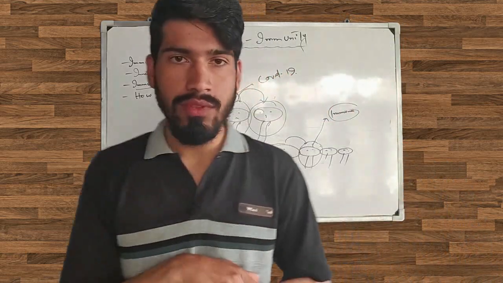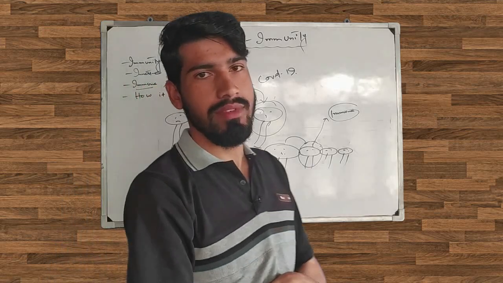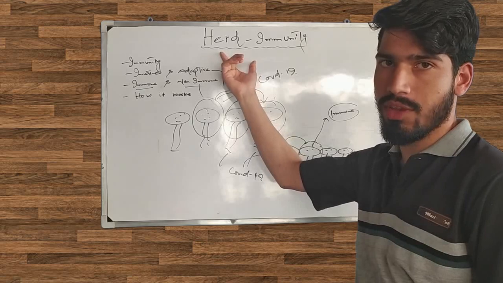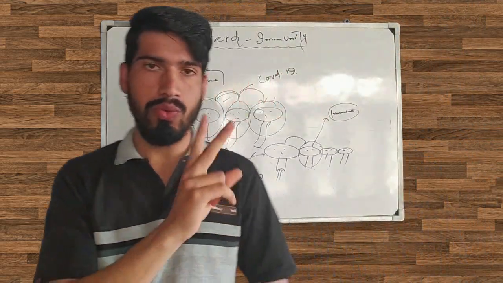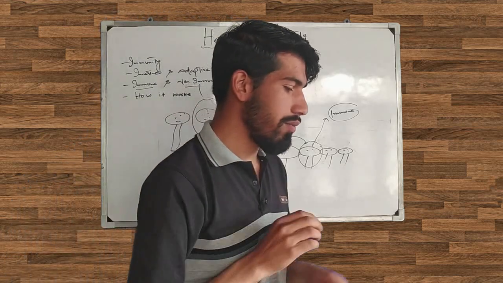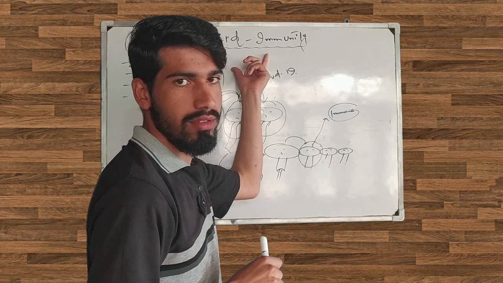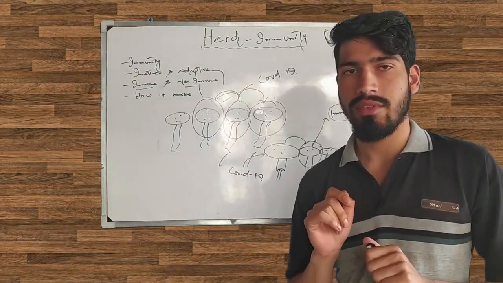But how does this herd immunity actually work? Actually, there are two things which can activate herd immunity. The first is the vaccine.